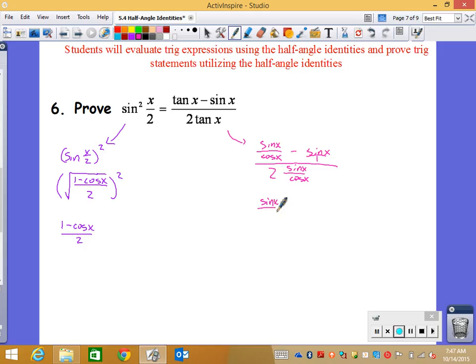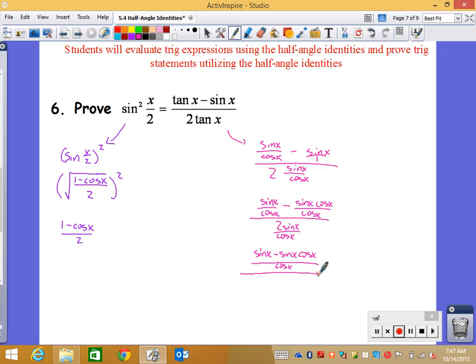So this is equal to sine x over cosine x minus, this would be sine x cosine x divided by cosine x, all divided by 2 sine x over cosine x. Kind of ugly looking, but let's just see if something pops out. So my numerator here will become sine x minus sine x cosine x, which my common denominator is cosine x.